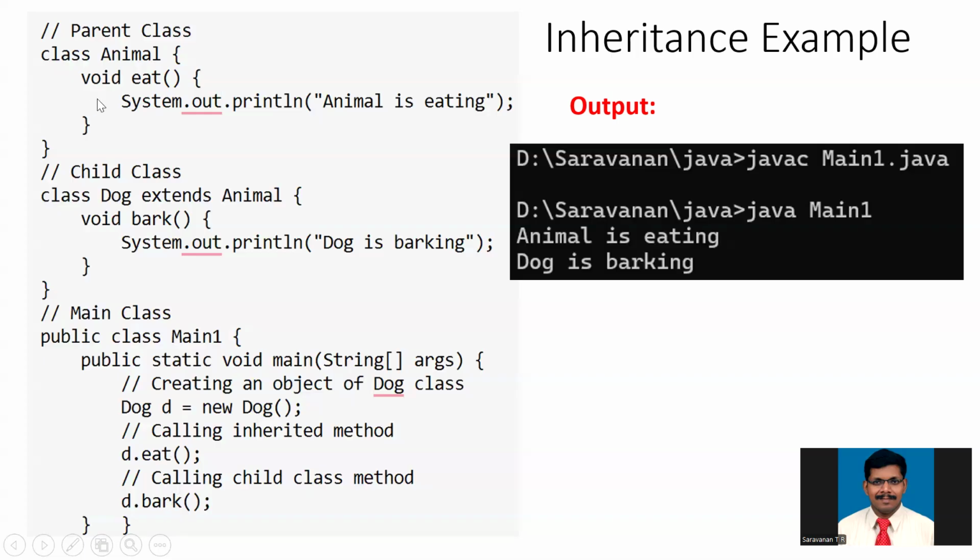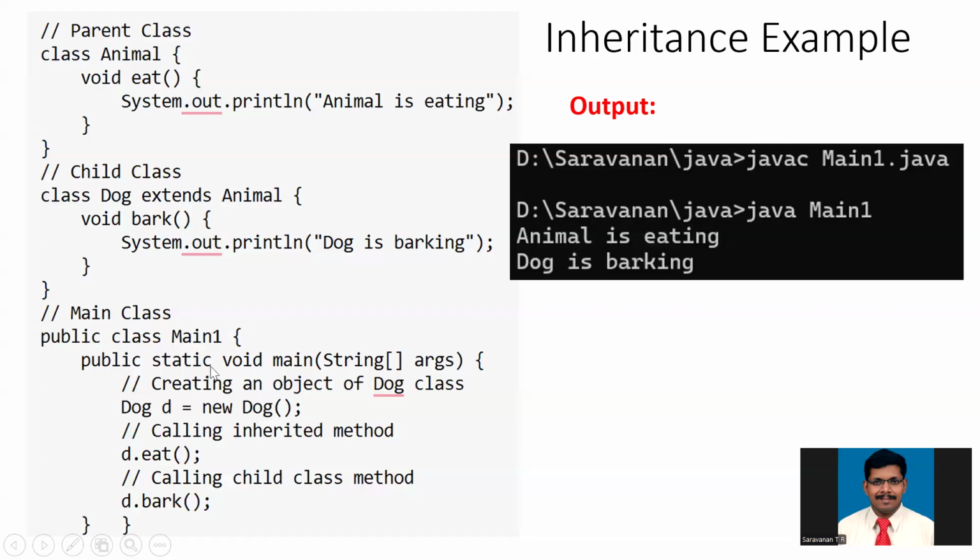When it is declared as static, there is no need for objects. We can access it based on the class name, animal dot eat. Object is not needed; class name dot function can be provided. These are the various entry point questions that can be asked from this program.